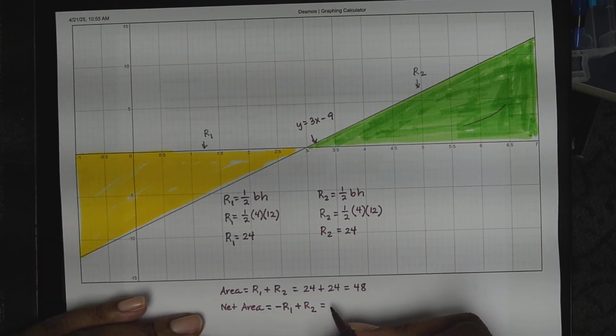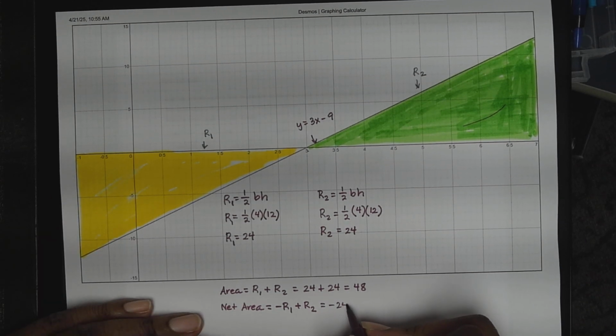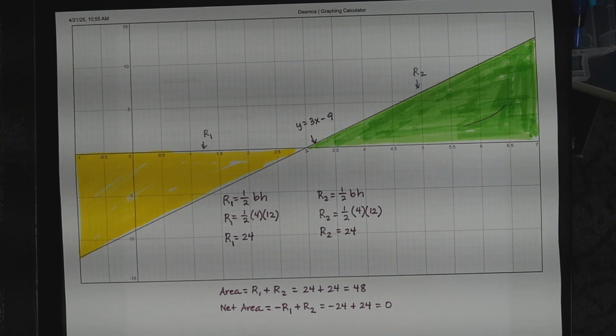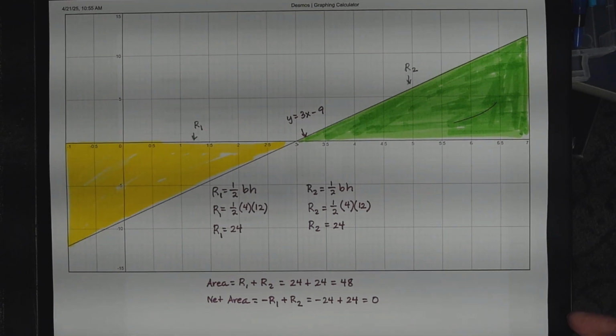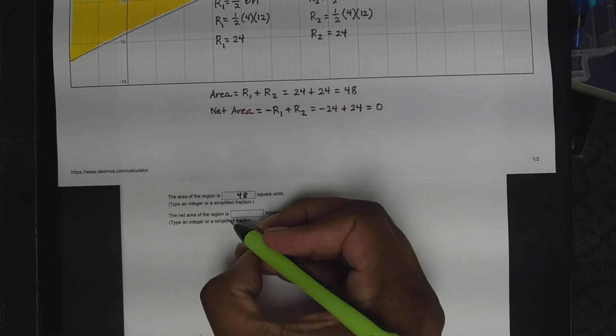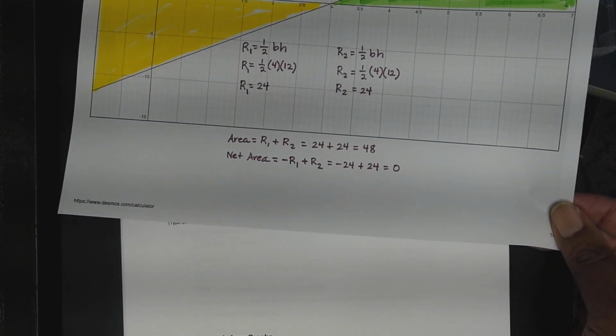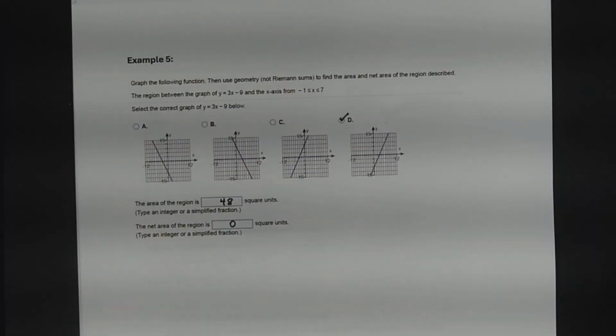We found R1 to be 24, so that's negative 24 plus R2, which we found to be 24. Negative 24 plus 24 is 0. So the net area of the region is 0.